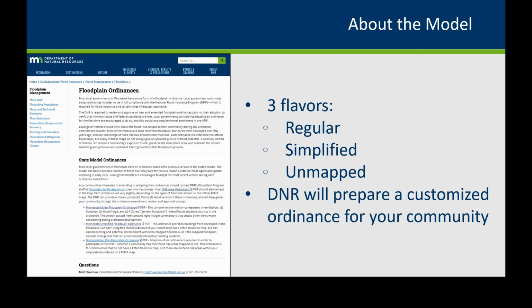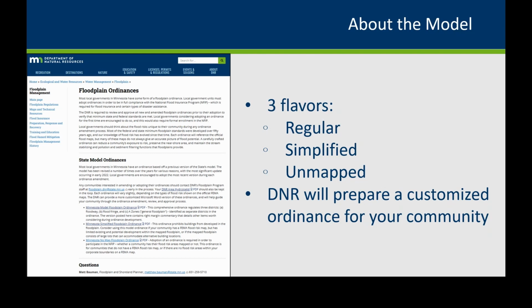So the process for a community to update their ordinance is they express interest, or there's a FEMA map update, and then DNR works with them to prepare a customized ordinance for your community. And it's customized based on the type of risk that you have in your community. Do you have A zones? Do you have detailed study areas? Are you a lakes community? Do you have rivers?